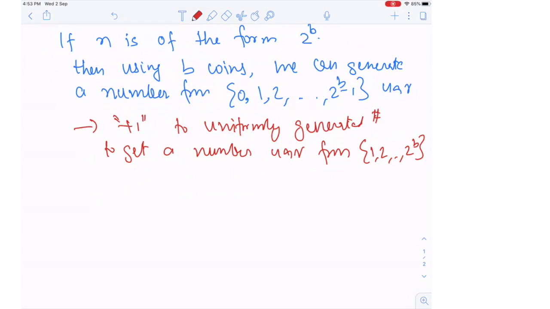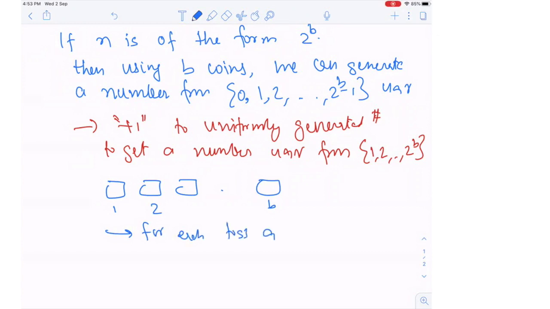So recall what he meant was that you have these b locations or b bits. For each, toss a coin, head comes, put 1, tail comes, put 0. Okay?